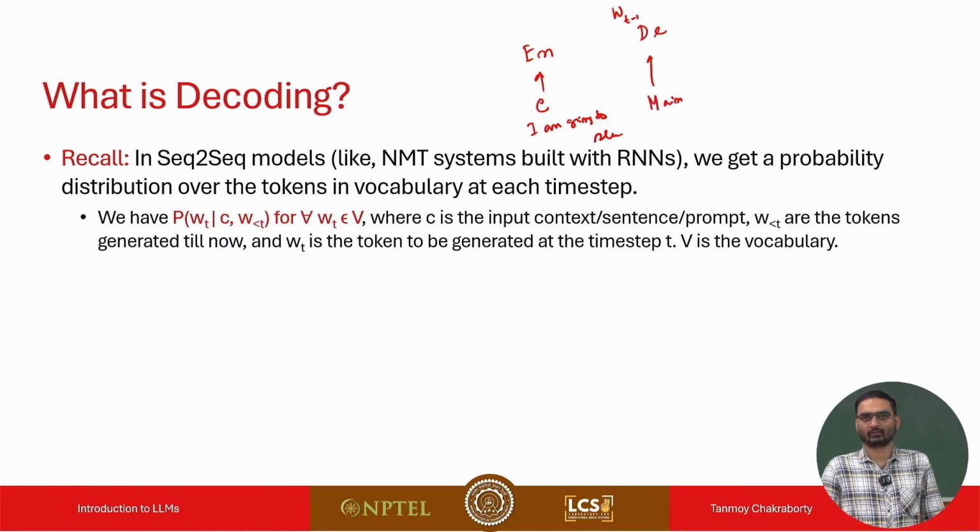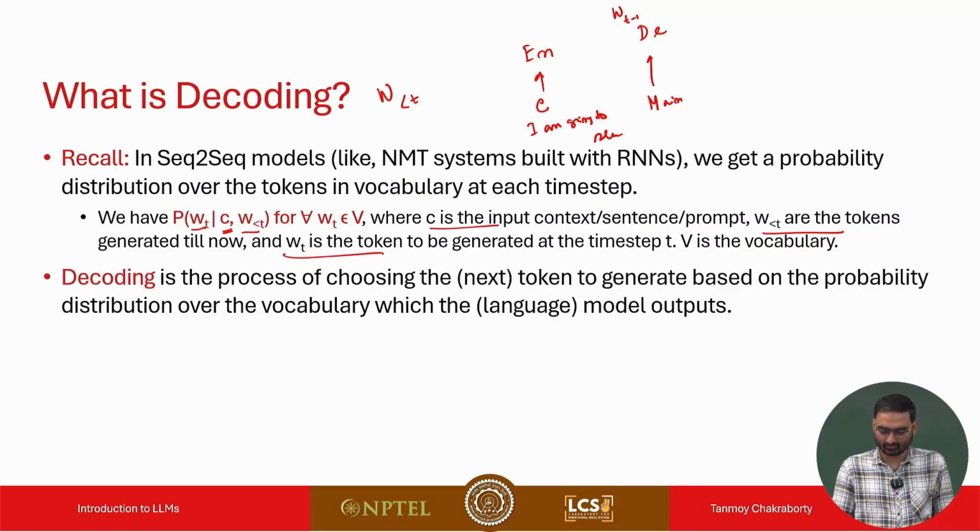Then what's going to be my next word? Given the input C and the tokens generated so far, W sub less than t, meaning whatever I have generated till t-1, what is going to be my word at the t-th time? We are interested in the current token.